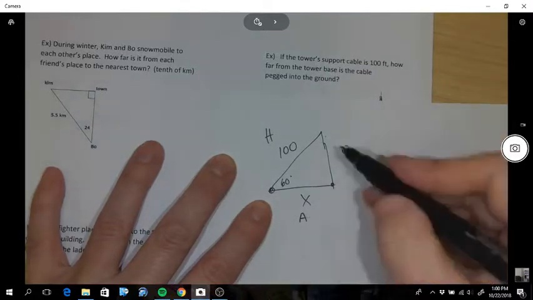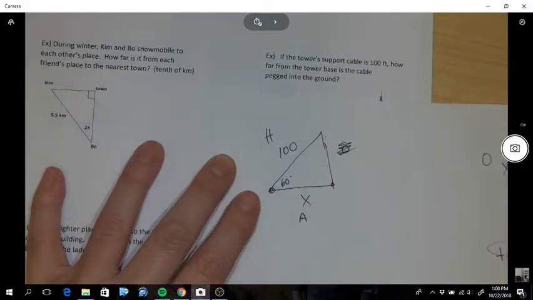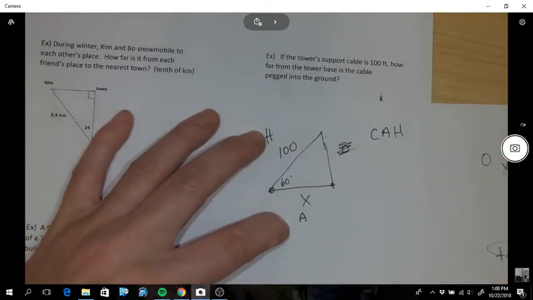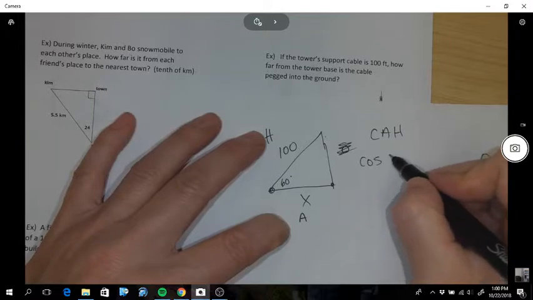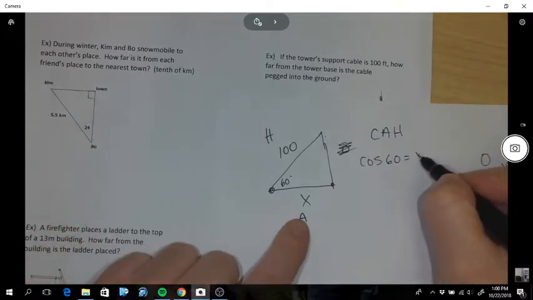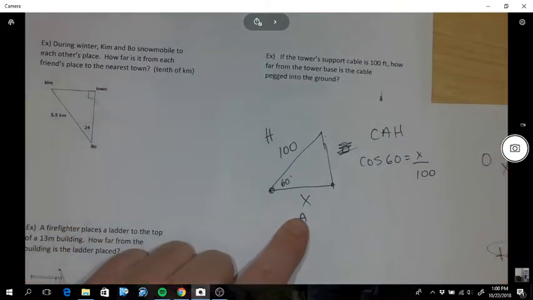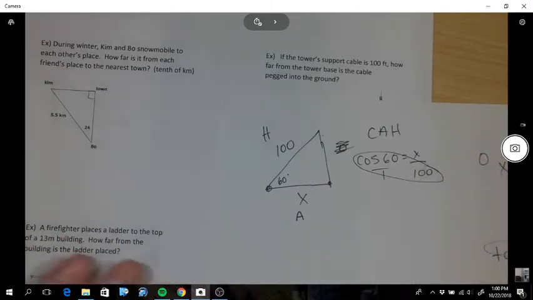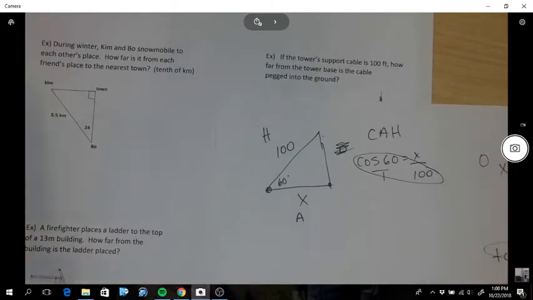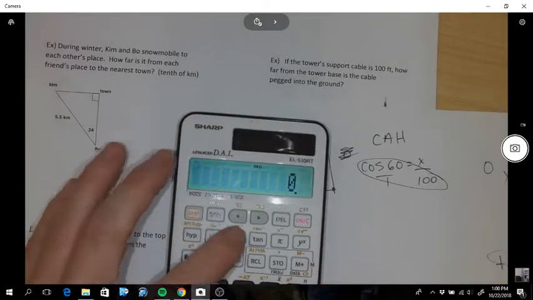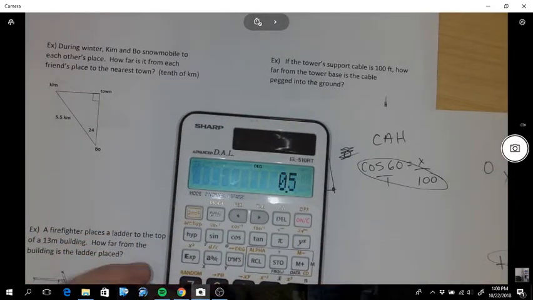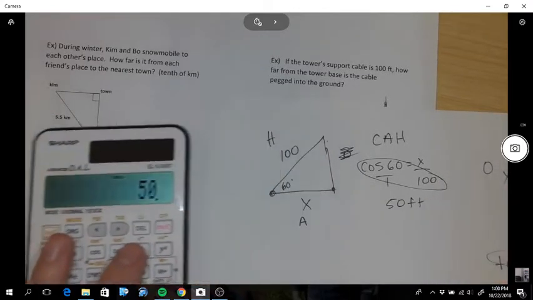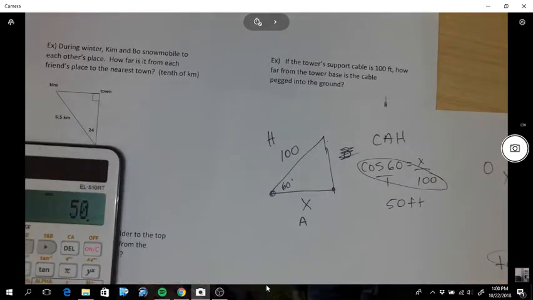Out of those three, I don't care about that one. So this is an A and H, which is CAH. So cos of 60 is the ratio of the adjacent side over the hypotenuse side. If I put this over 1, I'm going to multiply, and I don't need to divide by 1. So cos of 60 times 100 is 50 feet. That's SOH CAH TOA.